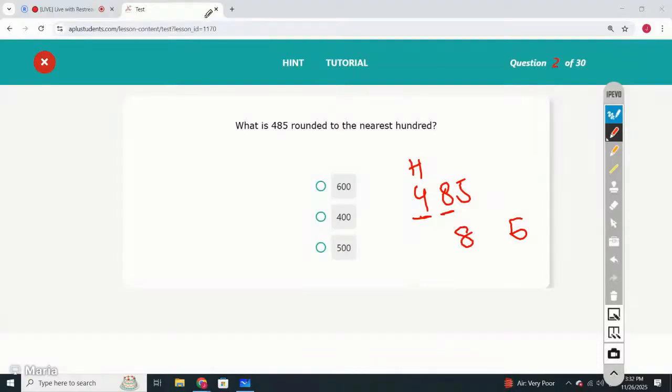So 8 is greater than 5 or less than 5? 8 is greater than 5. So you need to round up. Round up means add 1 to the hundreds digit and replace the other digits with 0.